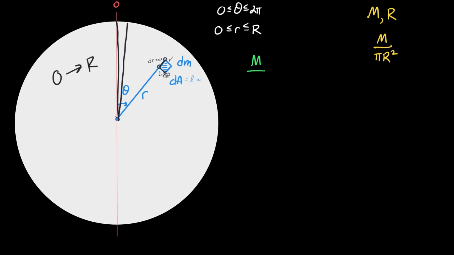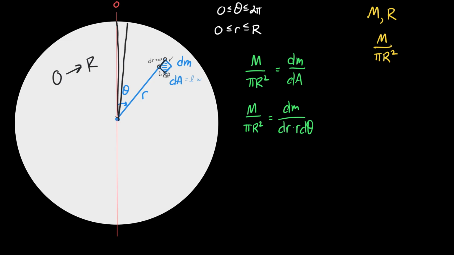Meaning m over pi r squared is our density. We have to set that equal to dm over dA and solve this for dm. Now, we're going to sub in the variables we're using, which in this case happen to be dr times r d theta. Those are the variables we're using for dA.